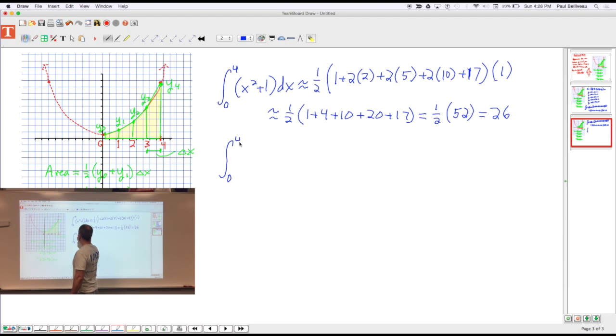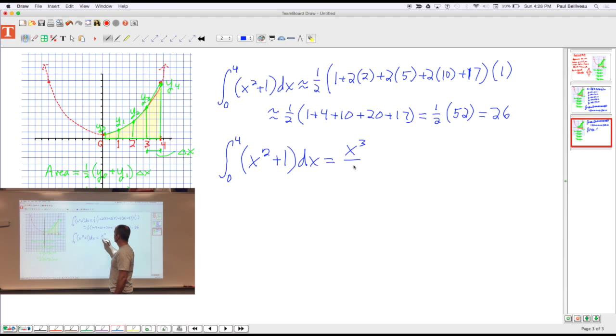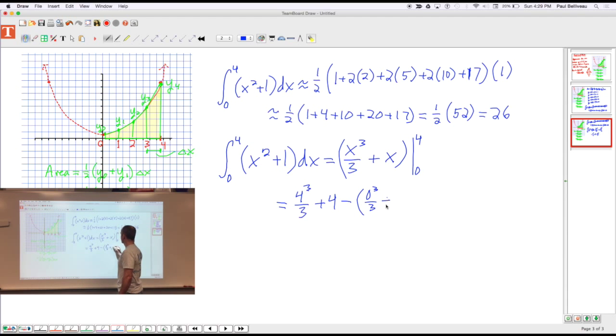which depends on your knowing the exact area from 0 to 4 between x squared plus 1 and the x-axis, found by anti-deriving x squared to x cubed over 3, plus anti-derive 1 to x. Fundamental theorem of calculus then says you plug in the endpoints of your interval, and this answer should be 4 cubed over 3 plus 4 minus 0 cubed over 3 plus 0, so that works out to be 0.